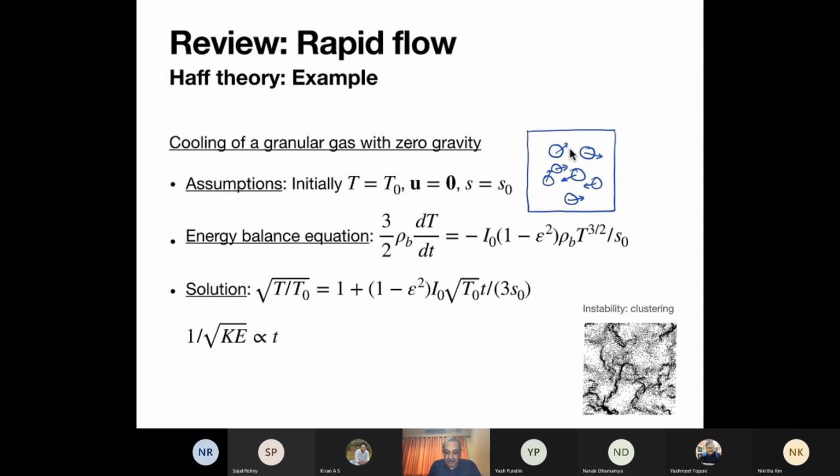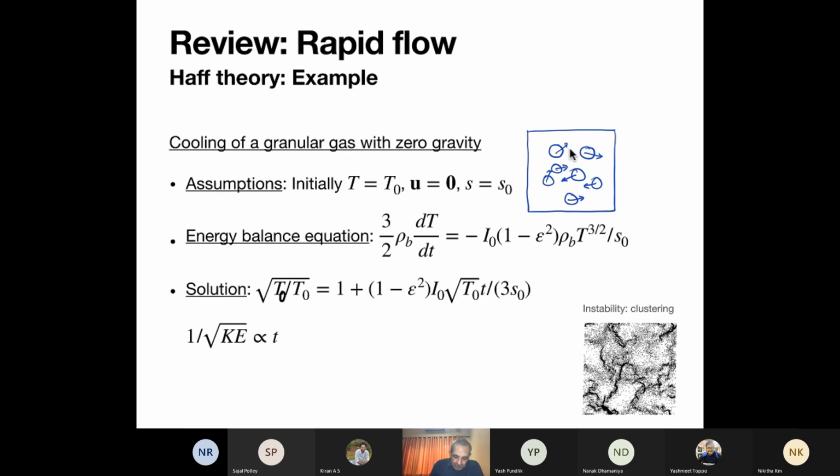And we get this for the energy balance, which tells us how the temperature changes with time. The rate of change of temperature just depends on the loss of energy due to inelastic collisions. Then we solved this, and we wrote the same thing in dimensionless form, and we showed that if you plot 1 by the square root of temperature versus time, I think there's a mistake in this formula.